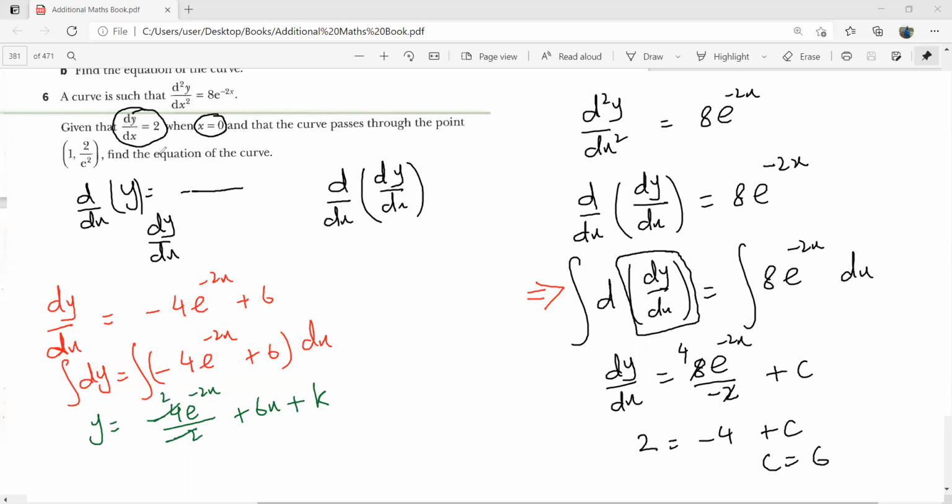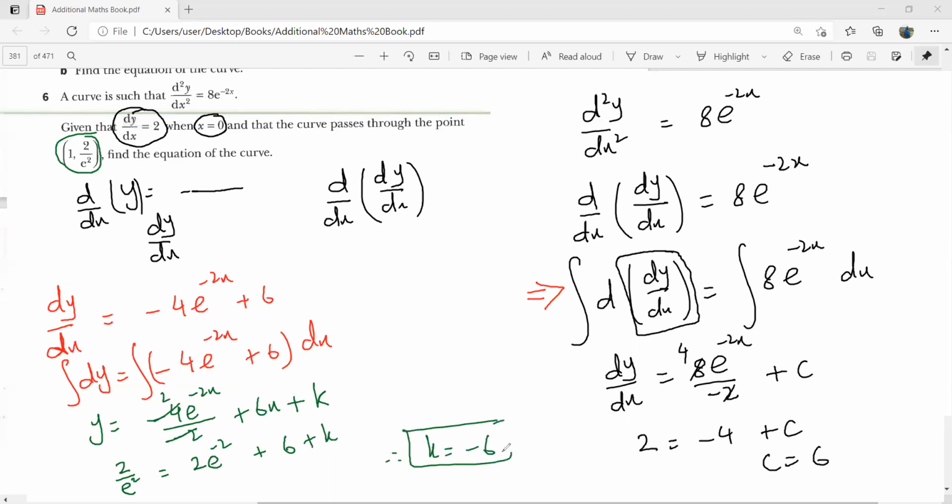So let's use this point now, (1, 2 over e square). So we have 2 over e square instead of y, and this is 2 e raised to power minus 2 plus 6 plus k. You know that this is also 2 over e square. So your k is going to be equal to minus 6.